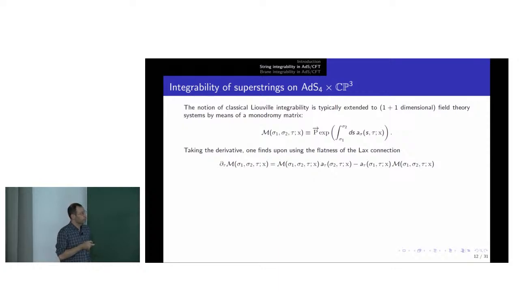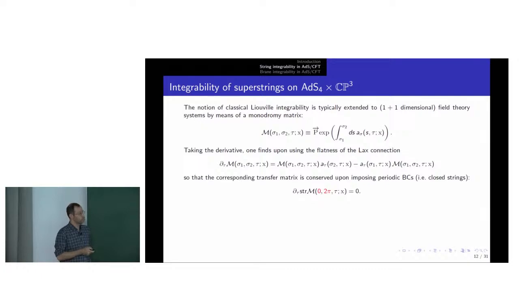We just need to differentiate this monodromy matrix. And then by also using the flatness of the Lax connection, which is very crucial and equivalent to integrability, we arrive at this formula. And then we have to take the trace of this quantity and use the fact that we impose periodicity, that is, closed strings.